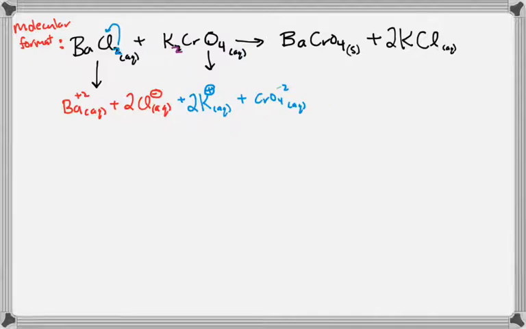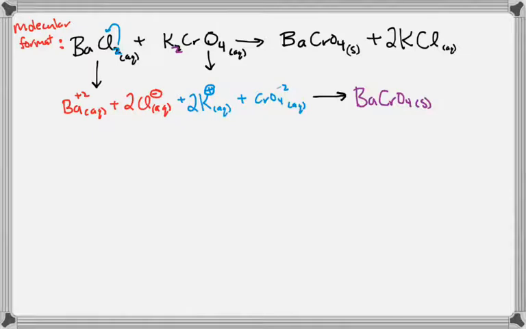We can then move to our next process, which is our reaction arrow. And we're going to hit kind of a hiccup here. If it's aqueous, it dissociates into the ions. What if it is any other phase? Well, any other phase doesn't dissolve in water, so we don't break it up into the ions, which means barium chromate, being a solid, cannot break apart, and I have BaCrO4 solid left.